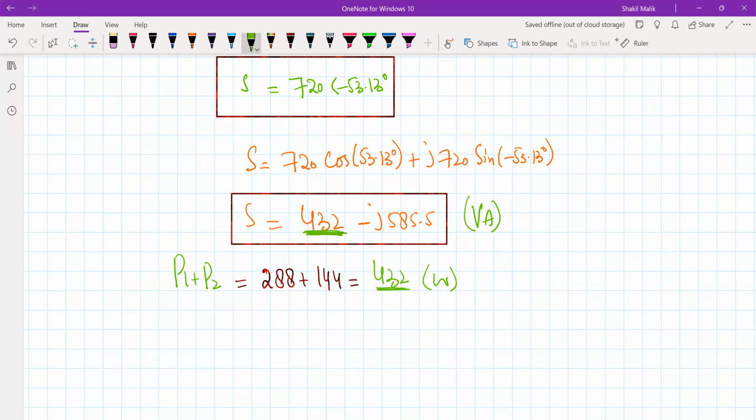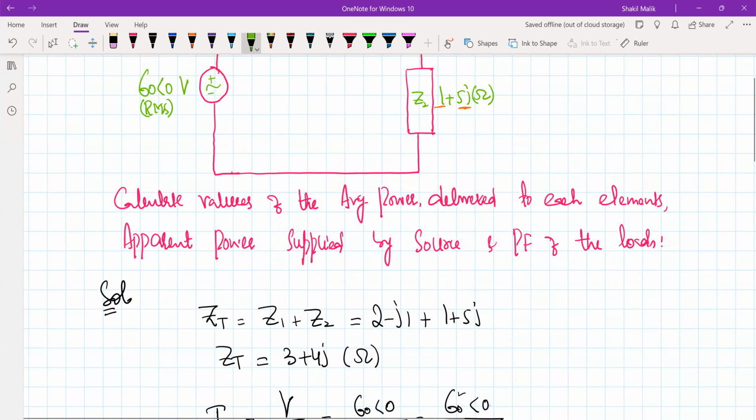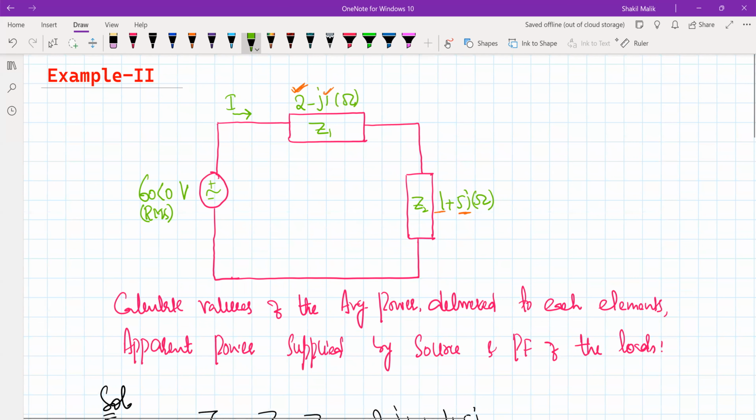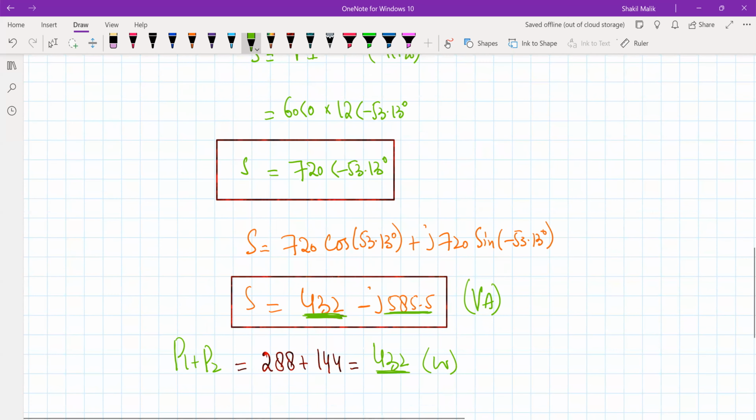Now you can do the same calculation for the reactive elements. You will see the power stored by the reactive elements will be equal to this. Now if you calculate the power stored by these two reactances, that is j1 and j5, you will see it will be simply equal to 585.